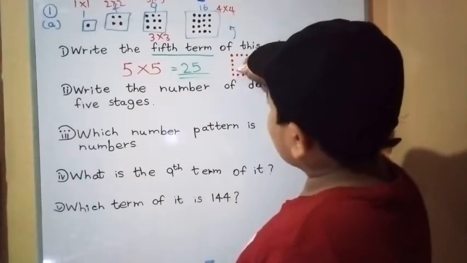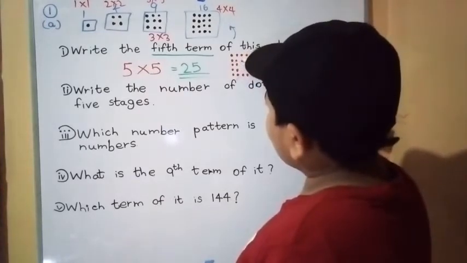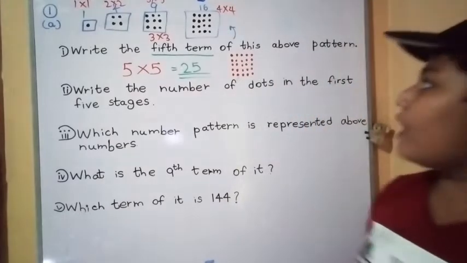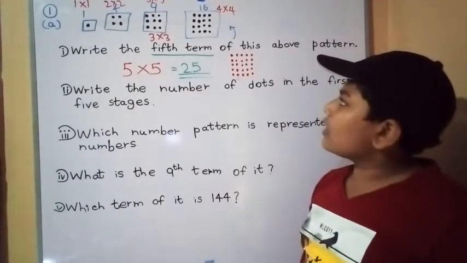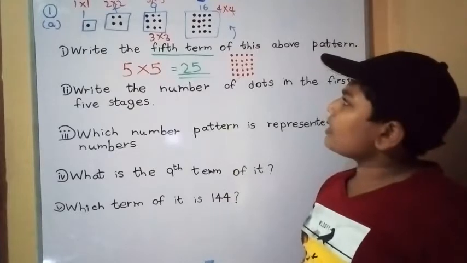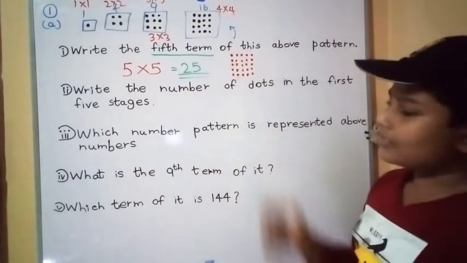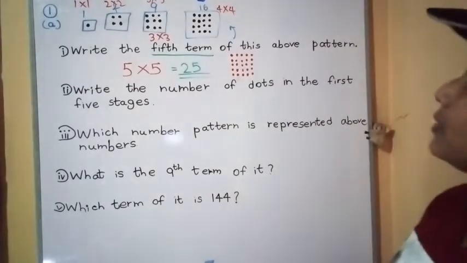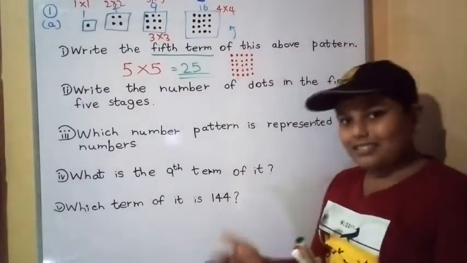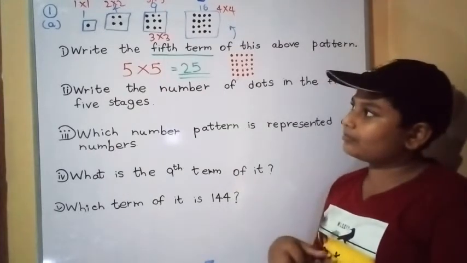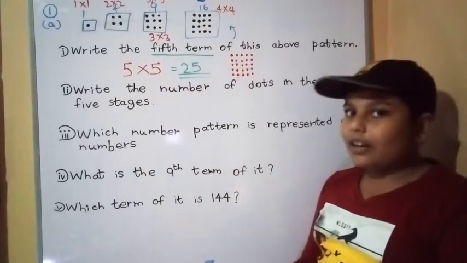Now you look at 5, 10, 15, 20 and 25 dots they have, right? Now this is the square of dots in the above pattern, 5 multiplied by 5. That is the fifth term.